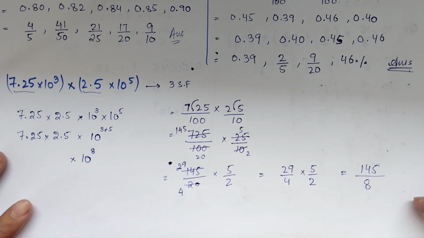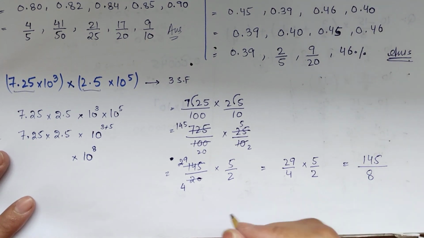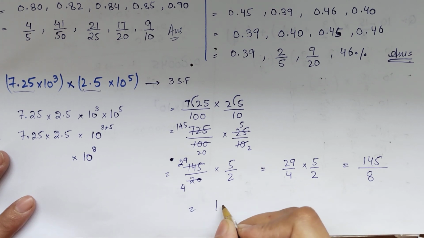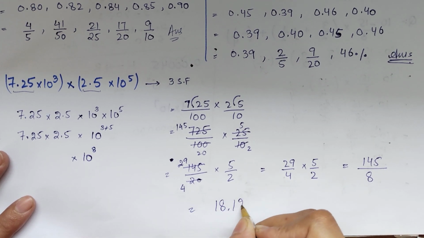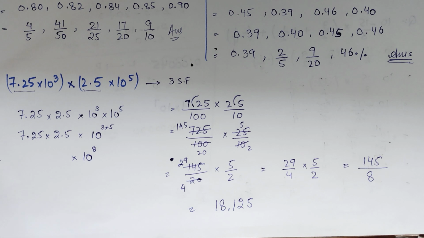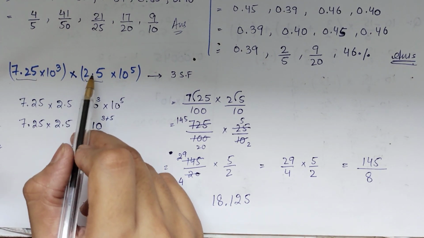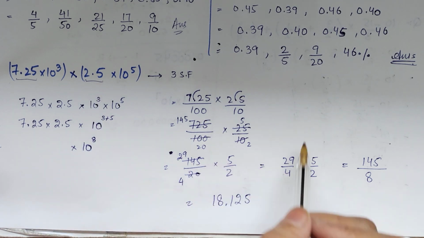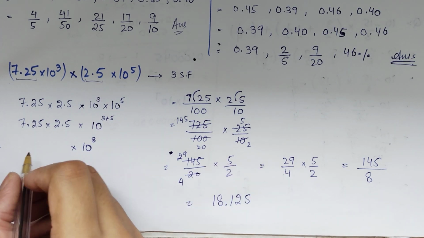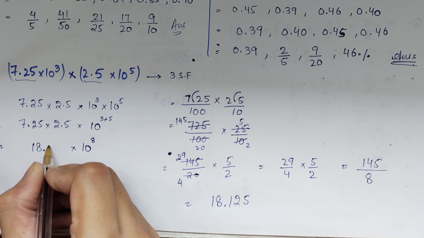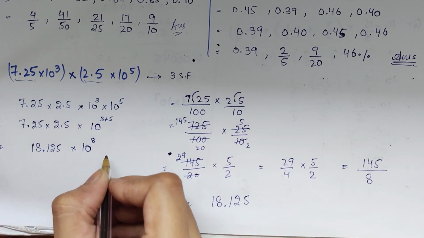Now what you have to do, 145 divided by 8, it is equal to 18.125. So what you will get after multiplying 7.25 by 2.5 and by further simplification, we got the answer 18.125 into 10 raised to power 8.